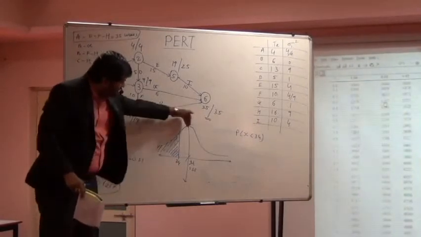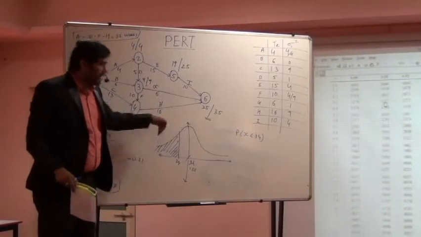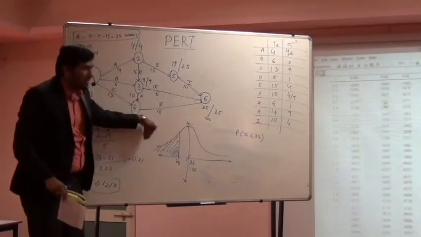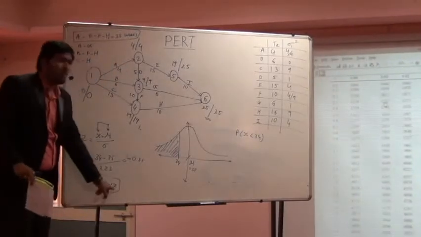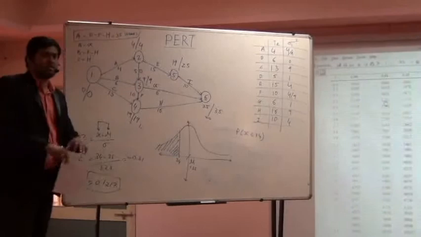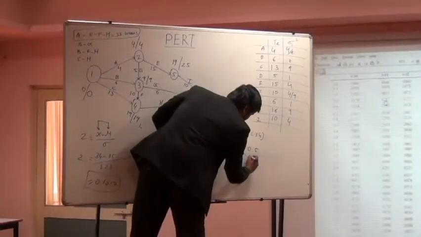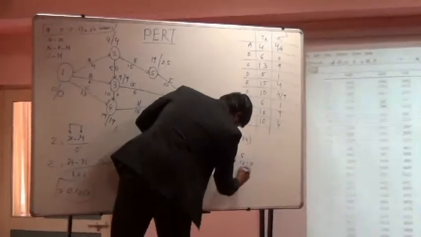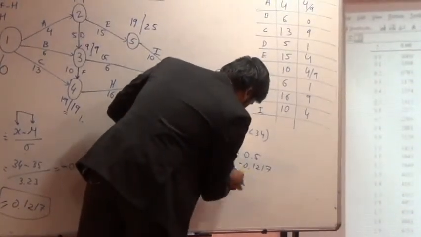If you see the left-hand side area of this curve, that is 50%, 0.5. Out of the 50%, we have derived this much area, that is 0.1217. So the answer will not be 0.1217, but 0.5 minus 0.1217, and that will be 0.3783.